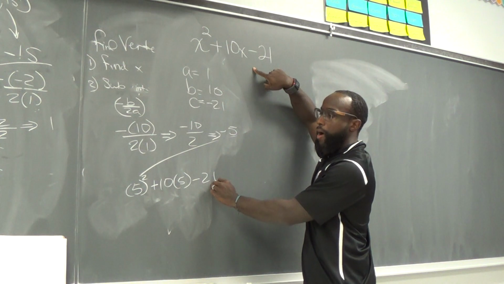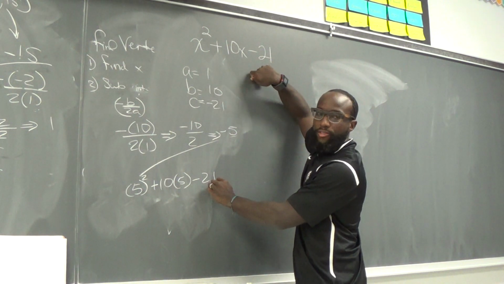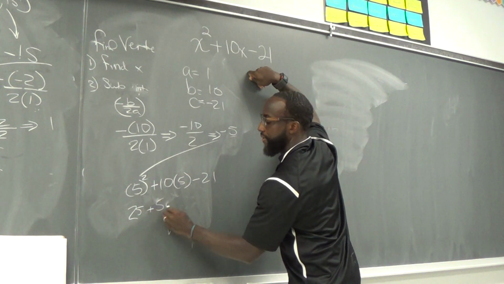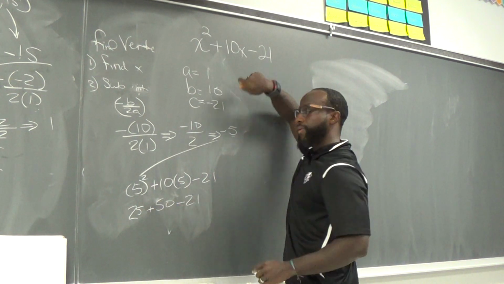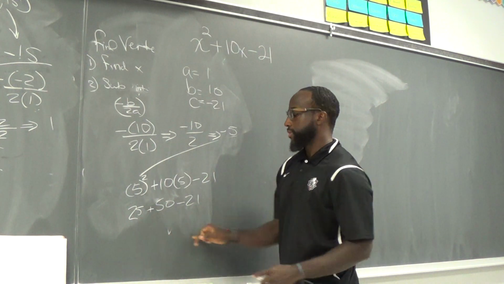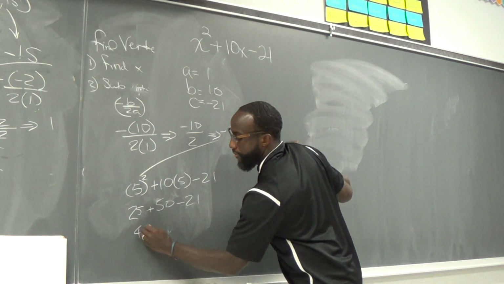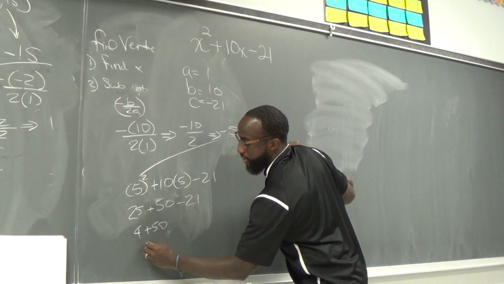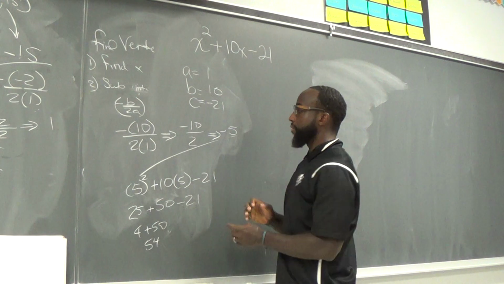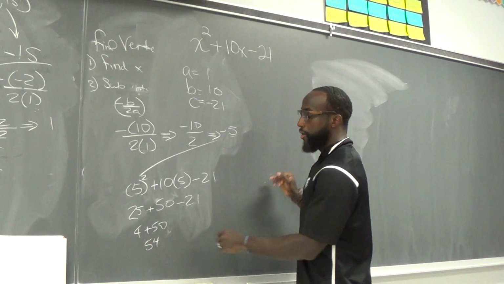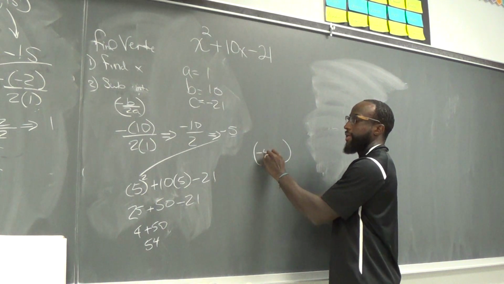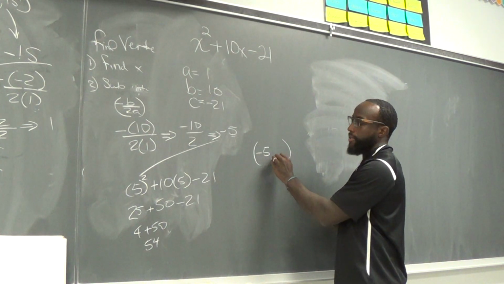This is going to give us our y. 5 squared is 25, plus 50, minus 21. That's 54. So our vertex is negative 5 and 54.